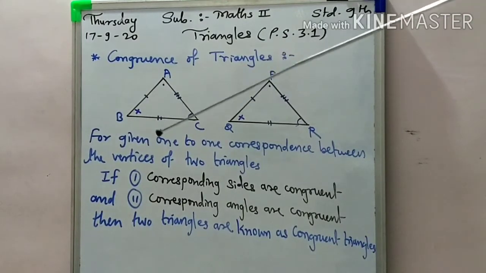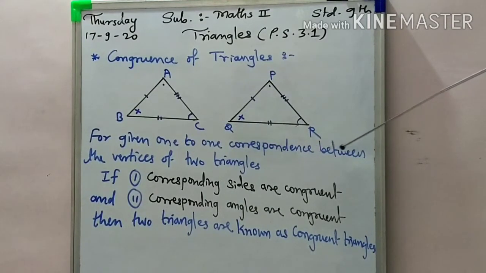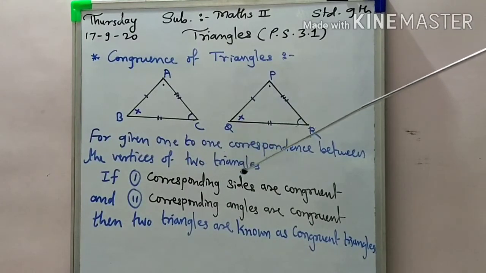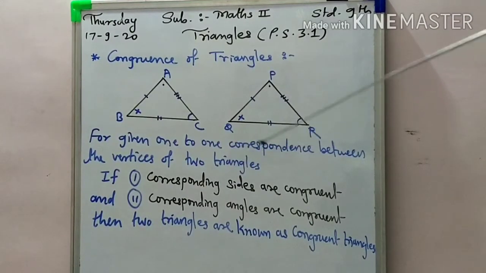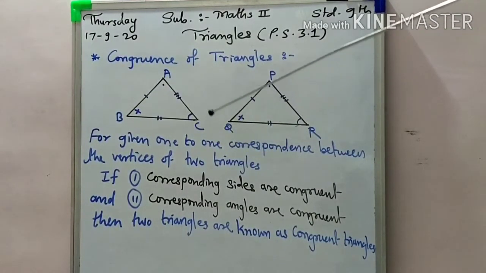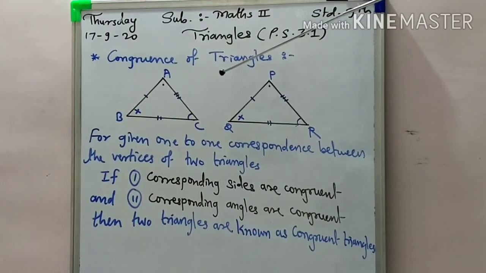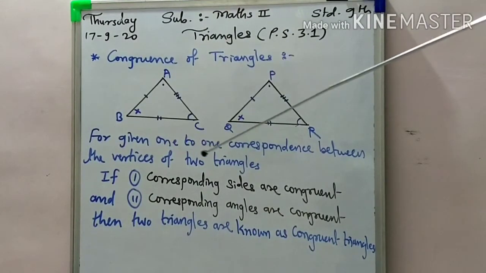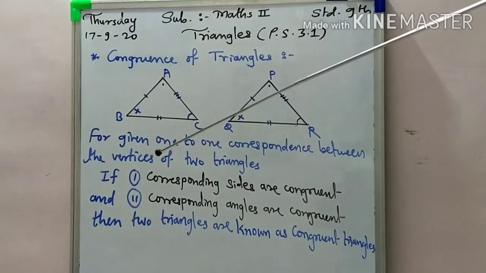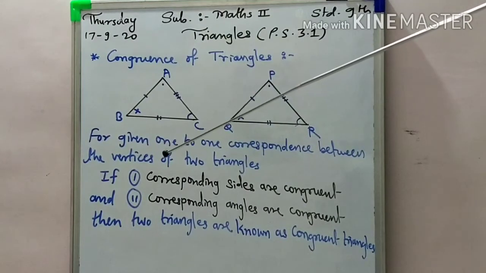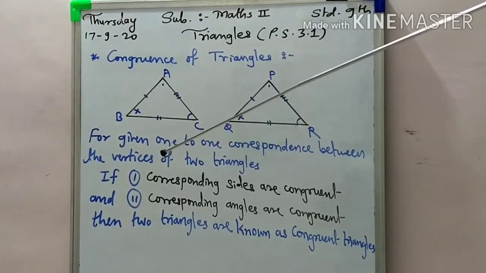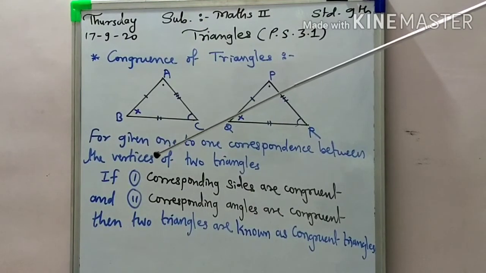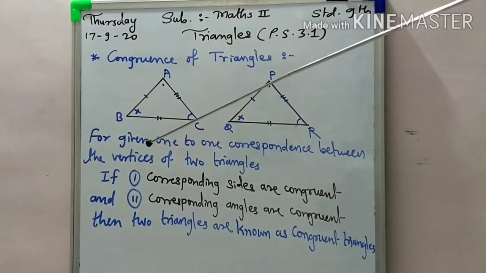This one-to-one correspondence between the vertices of two triangles is very important for congruence of triangles. We can show this one-to-one correspondence of vertices in 6 ways, as we discussed in our Google Meet lecture.